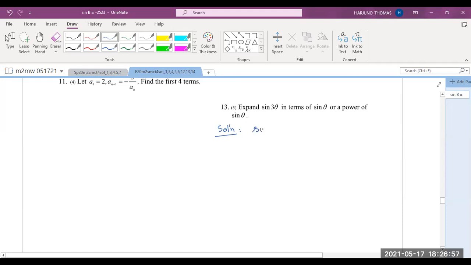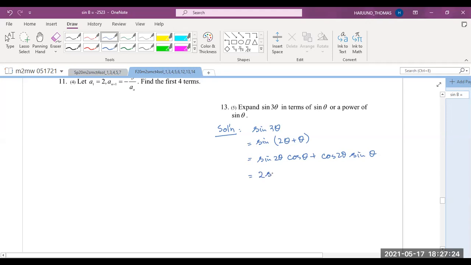Okay, so sine 3 theta equals sine of 2 theta plus theta. That's sine 2 theta times cosine theta plus cosine 2 theta times sine theta. Now we want them in sine, right? We want them in sine as much as possible, so we change it into sine.